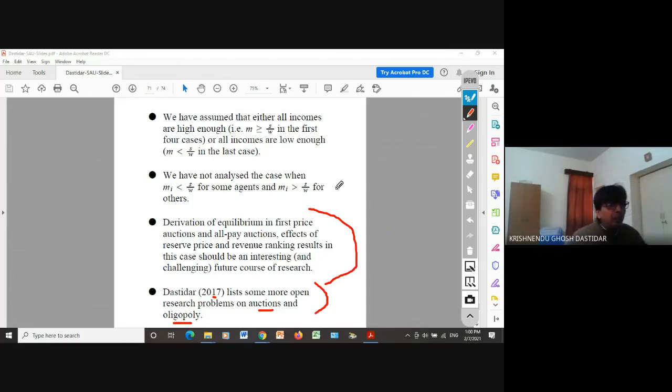So you need both oligopoly models and auction models and their interactions to analyze final equilibrium outcomes. These are a bit complicated, but one can do it. In chapter 2 of my book, I've done one such exercise and also suggest some research problems there. If you are interested, please have a look at this.